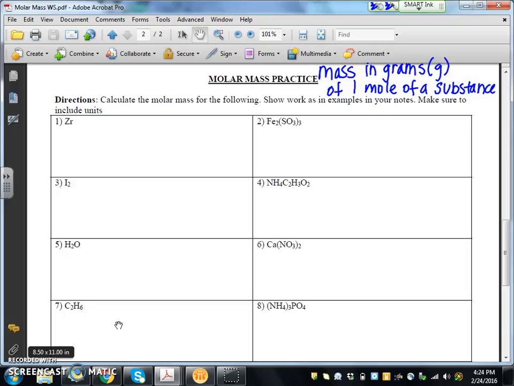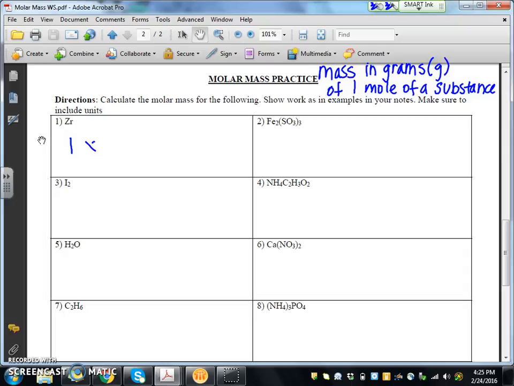In problem number 1, we see that the compound that they give us is zirconium. Okay? Zirconium, we can notice by the fact that it does not have a subscript, we only have one of them. Remember, if there is no subscript, that tells us we have at least one. When we look at the periodic table, we see that zirconium has a molar mass of 91.22.